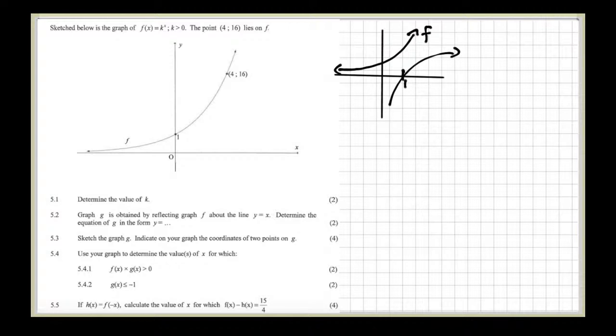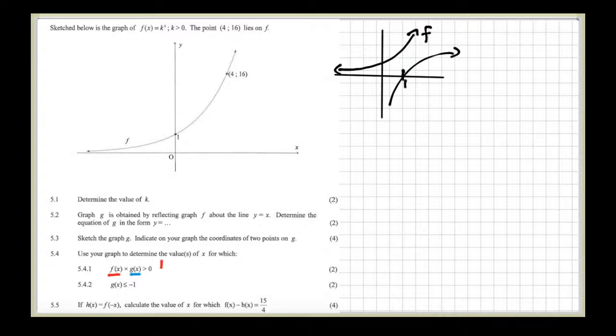The first question, 5.4.1, asks me, where is f(x) times g(x) bigger than 0? Now, whenever I get an interpretive sum like this, I love to use different colors. So for f, I'm going to use the red.